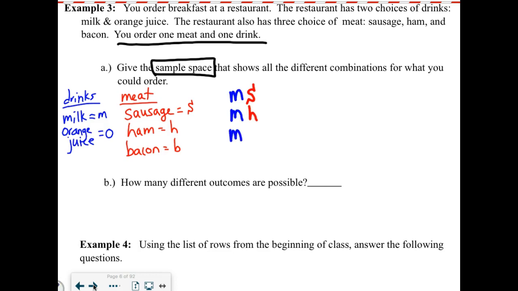Or I could choose my drink, and I could pair it with juice. Alright. What can I do for my first choice? I could do orange juice, and third, orange juice and bacon. So look at this list of outcomes for my choice. How many different ones do we see? 4, 5, 6. Think about it.